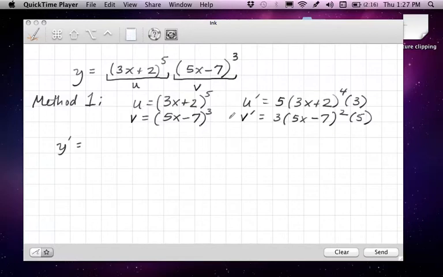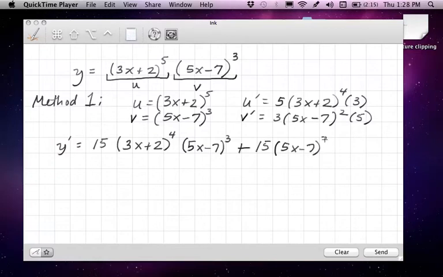So 5 times 3, you're going to have 15, 3x plus 2 to the 4th times v, which is 5x minus 7 to the 3rd, plus, and then u times v prime, you're going to have 3 times 5 once again, 15, 5x minus 7 squared times 3x plus 2 to the 5th.